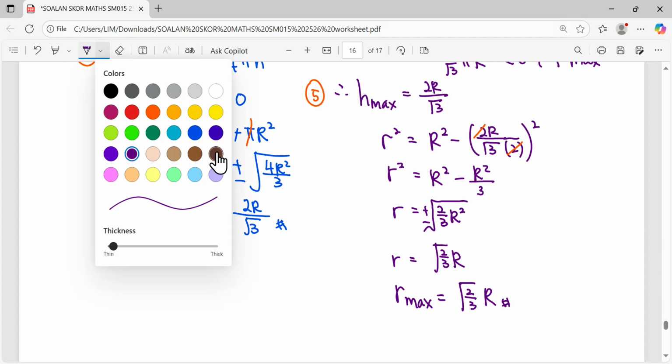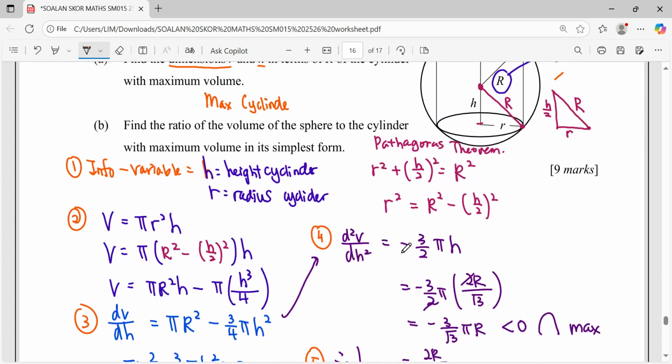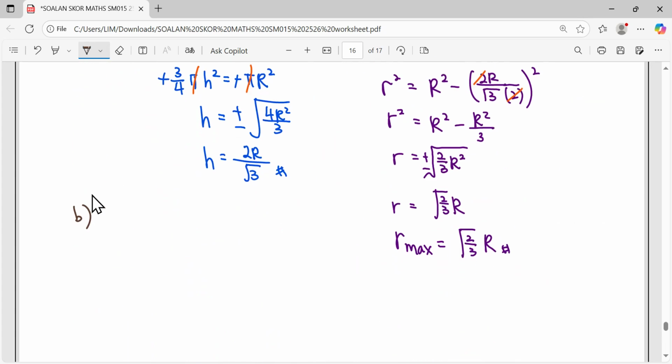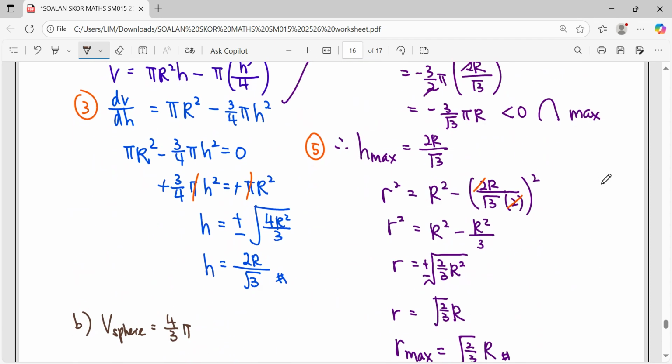Then we continue with part B. Part B says find the ratio of the volume of the sphere to the cylinder with the maximum volume in its simplest form. So volume of the sphere is 4 over 3 pi R cubed, where the radius of the sphere is big R here.